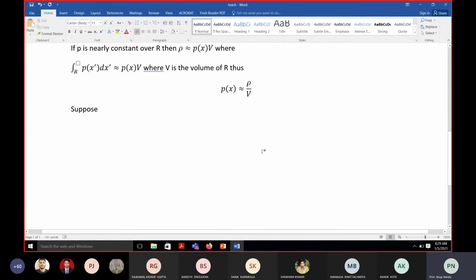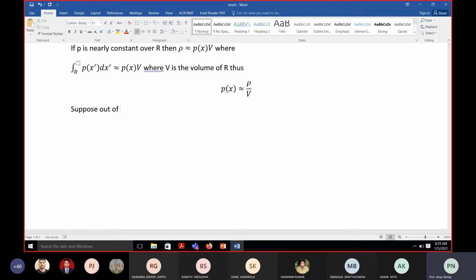Suppose you have the feature vector x, having these n samples: x1, x2, x3 up to xn.